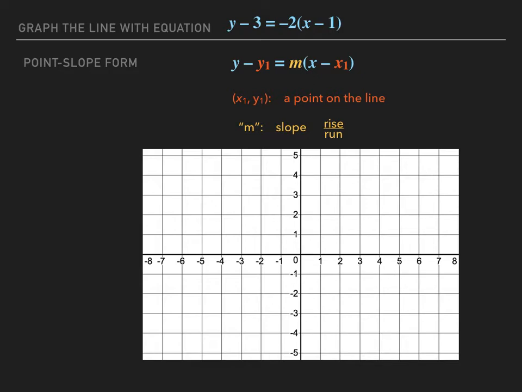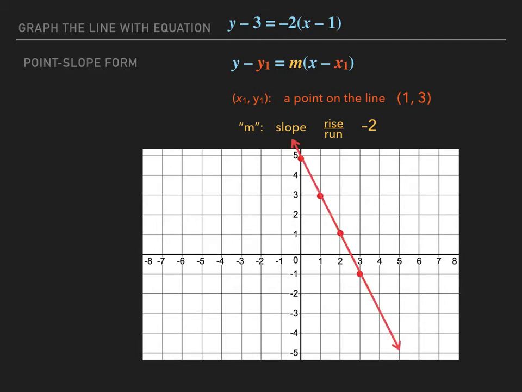All right, so let's first take a look at a point that lies on the line. Well, the x1, y1 would be 1, 3. So we can graph that point, easy enough. And we can use the slope of -2 and drop down 2 into the right one, or up 2 into the left one. And here's our line.